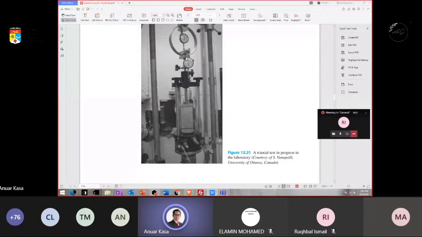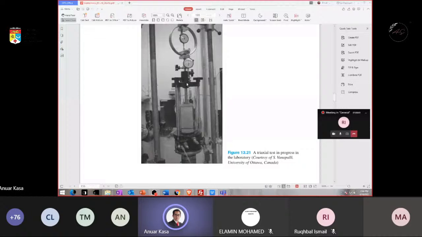The ring pushes at the end onto the sample. That is axial stress. And the sample is in a tube in a container filled with water. There is a pressure applied to the system so that we have sigma 3, the minor principal stress, inside the container.